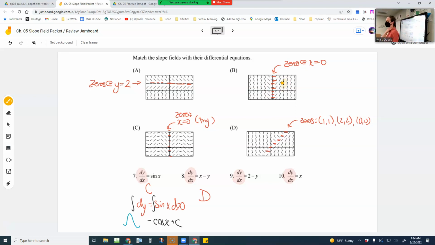I could go by quadrants and look at the ups and downs, but I think these ones were able to make the matches just by using the behavior. Wait, was D for 7? You could integrate to see the upside down cosine, but it's not always necessary.